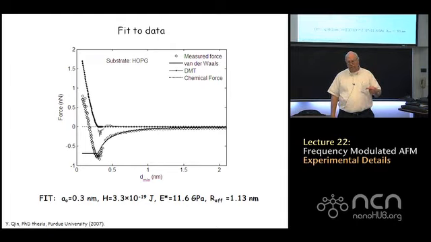Most of the images that I'm going to show you in the next lecture have been taken by doing frequency modulated AFM in a very clean, ultra-high vacuum chamber. The surfaces have to be atomically clean. The surfaces have to be atomically flat, because if they're not, you're going to have difficulty resolving the atoms.